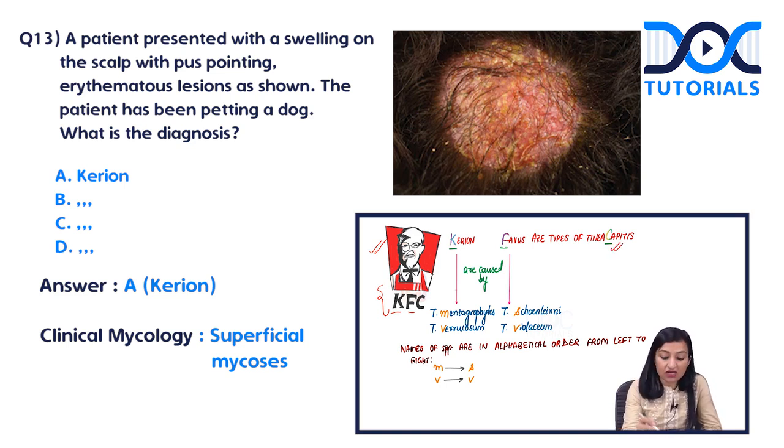Alright, so remember, Chirion and Favus are the types of Tinea capitis, and they are caused by what? Chirion is caused by Trichophyton mentagrophytes and Trichophyton verrucosum, and Favus is caused by Trichophyton schoenleinii and Trichophyton violaceum. Alright, so the genus name is Trichophyton only, whether it is Chirion or it is Favus.